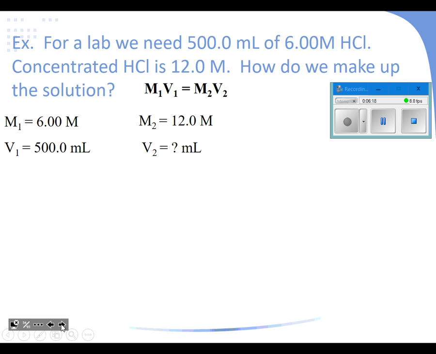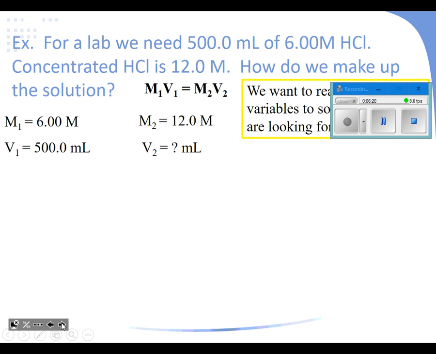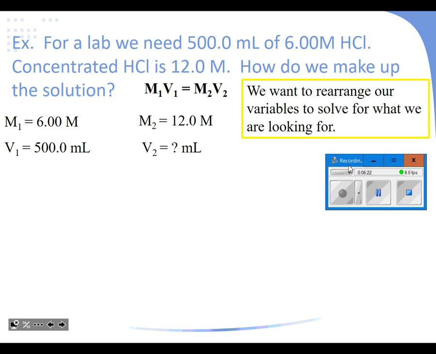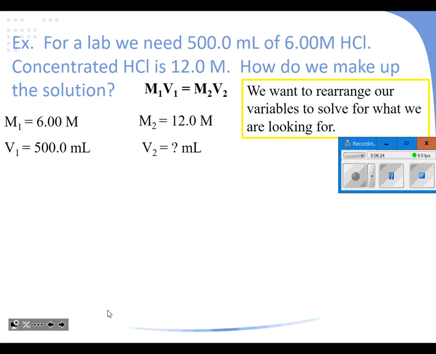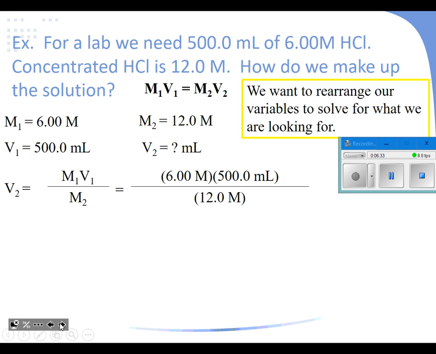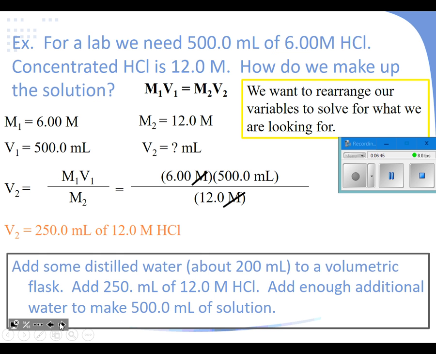So we'll use M1V1 equals M2V2. We'll rearrange the formula so that we can solve for what we're looking for. So M1V1 divided by M2 will give us V2. We'll then substitute in what we need to know: 6 multiplied by 500 divided by 12. That'll cancel out the molarity, and we'll end up with 250 milliliters.